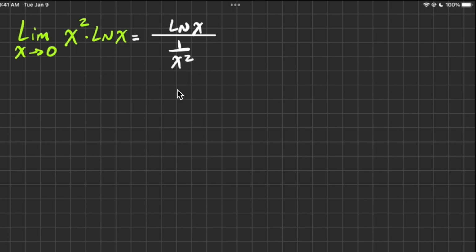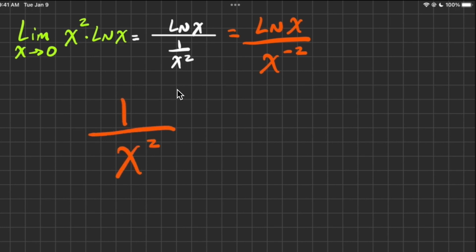However, to take the derivative, I'm going to change the denominator into a negative exponent of -2. So all I did is I took the x squared, moved it up top, and changed the sign of the exponent. Now this is a little bit easier to take the derivative.